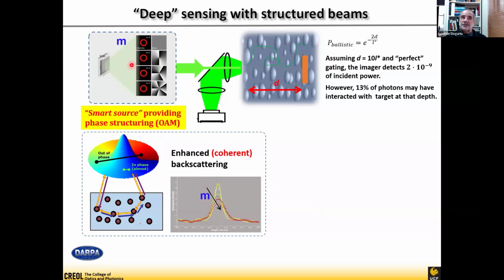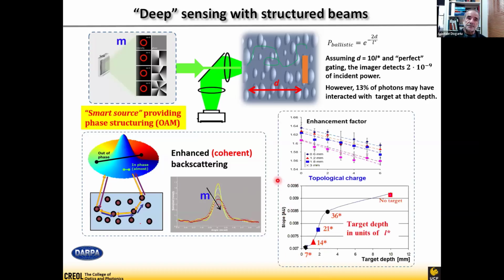decays when the phase distribution becomes more correlated over smaller separation distances across the object, and that allows us to practically identify, with a very high precision, the optical thickness of this layer, and therefore identify targets, reflective targets, which are embedded down to 36 mean free paths.